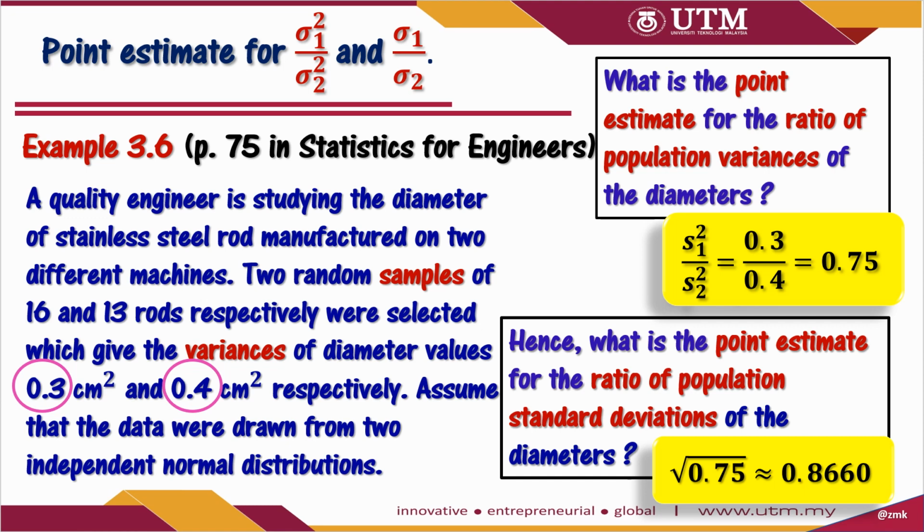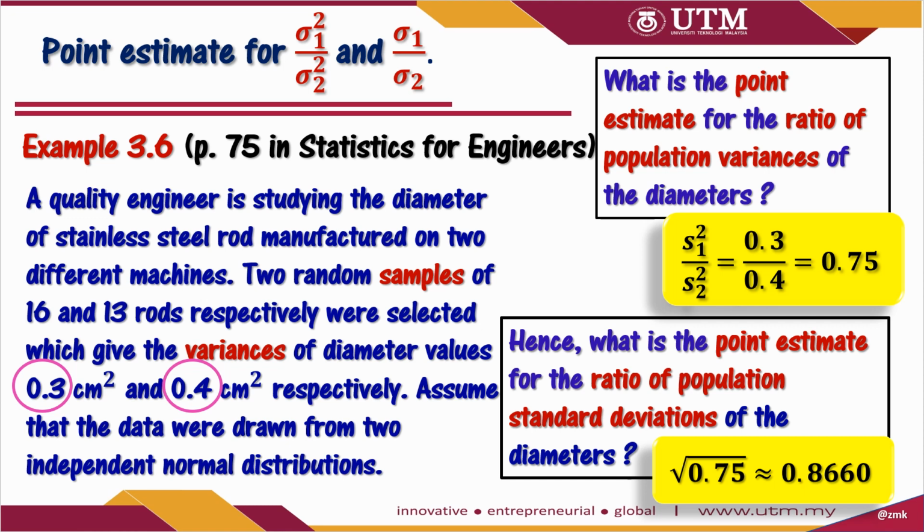Now, what can you infer from both answers? Notice that both ratios are less than 1, isn't it? We can consider 1 as a reference value to recognize if the first variance is estimated to be larger or smaller than the second variance.